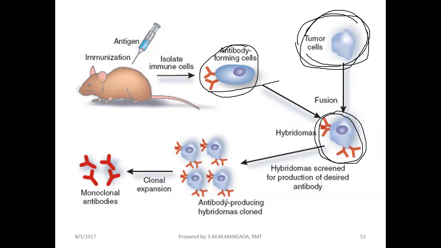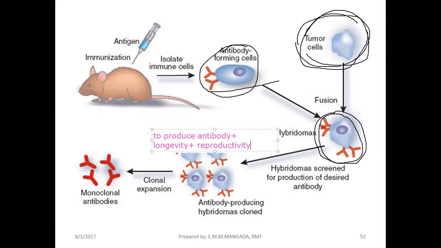Again, that's to combine the characteristic of your antibody forming cell, which is to produce antibody, plus the characteristics of your tumor cells, which is longevity and reproductivity.